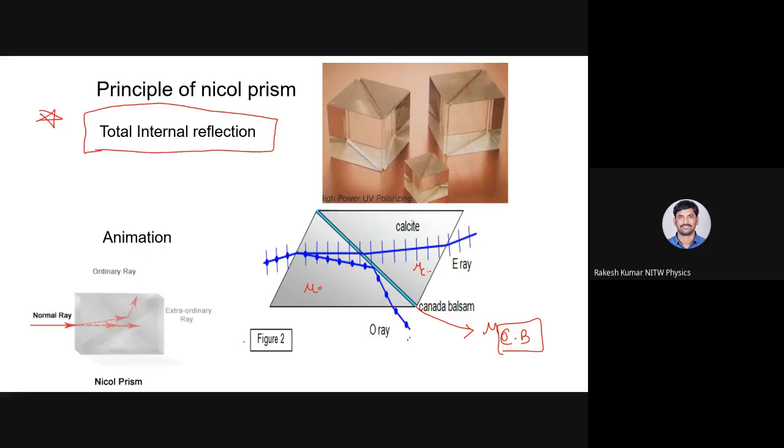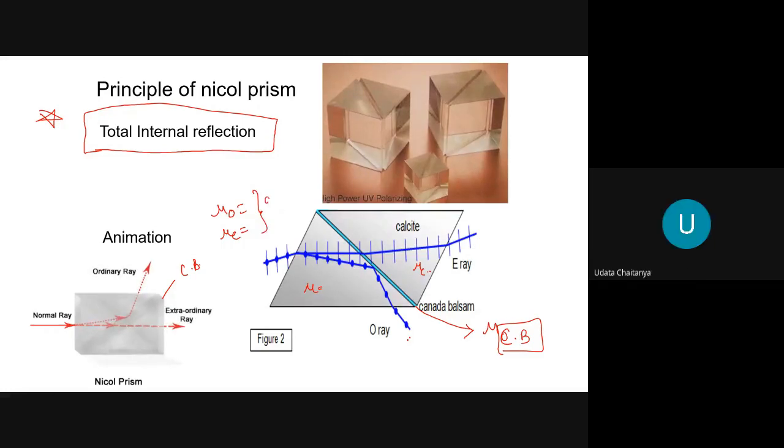Are you able to see the animation here? Yes, sir. Your light is split into two refracted rays, but one refracted ray is totally internally reflected by your extra Canada balsam material. Your Canada balsam material is doing a role in producing the total internal reflection for only one particular ray, not for the other ray, because the refractive index of ordinary and extraordinary is different or same?